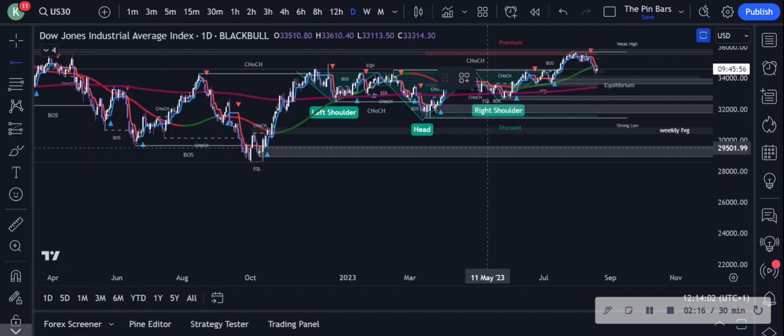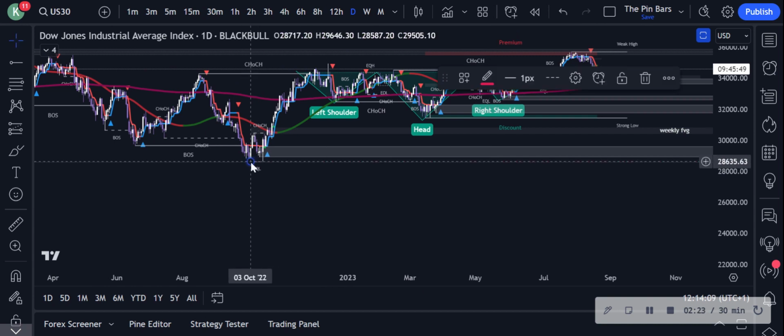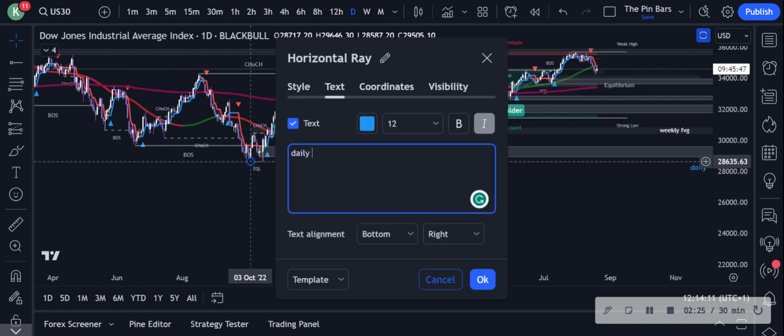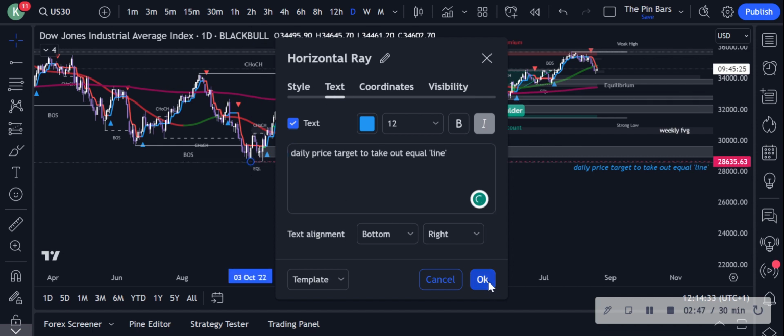So this is my daily price target to take out equal zones or equal price action, equal line. Just going to put line, to be honest. It's not bad. It's not a radiant zone, but yeah.